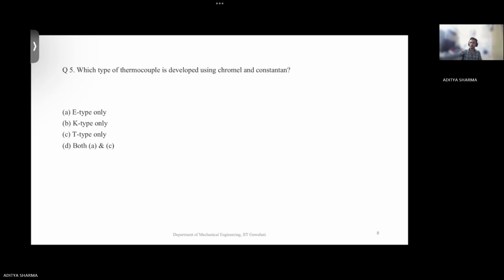And fifth question, please read this question and try to give an answer. This information is based on your slides. The question says, which type of thermocouple is developed using chromel and constantan?